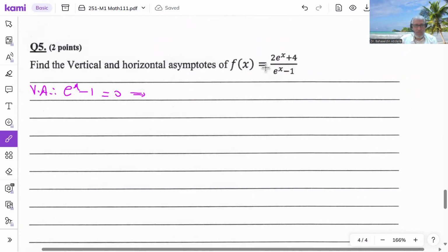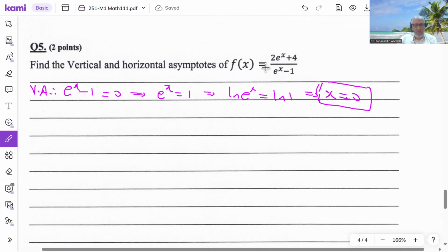We solve this equation, so we take 1 to the other side, and then we apply ln to both sides. ln cancels e, so we have x equals ln 1 is 0. So the equation of the vertical asymptote is x equals 0.